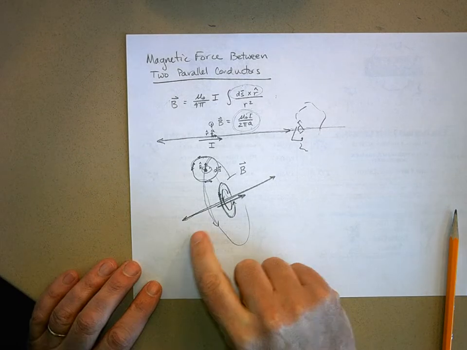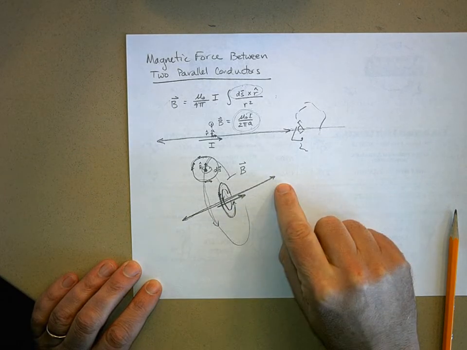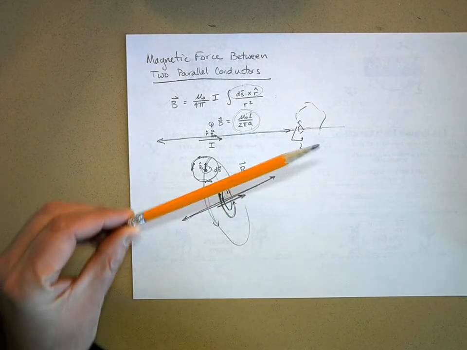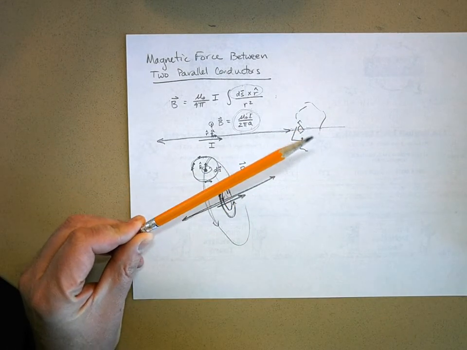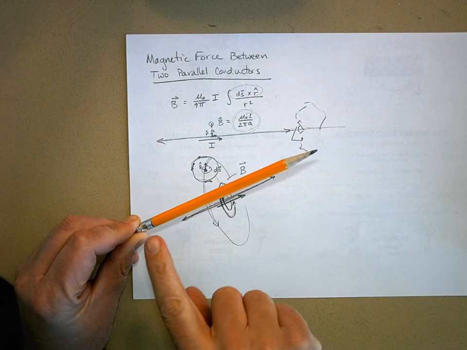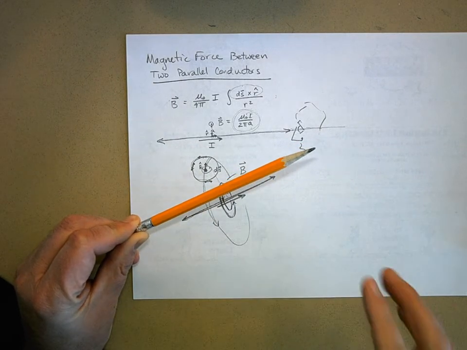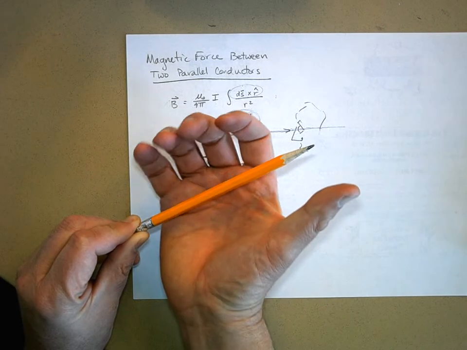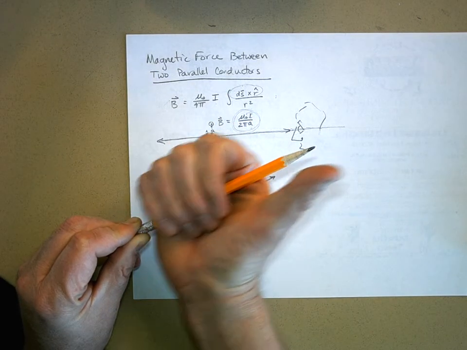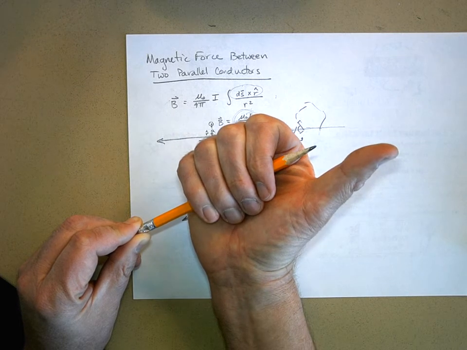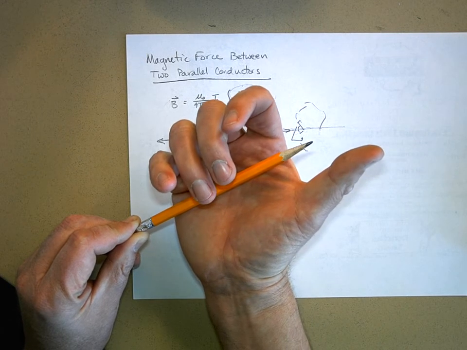So if the current is going up the wire like this, in your imagination, well, let me use the pencil, because this will be better. So here's my pencil, and let's let the pencil represent the direction of the current. What you do is you grab the wire with your right hand with your thumb in the direction of the current. Your fingers curl in the direction of the magnetic field.